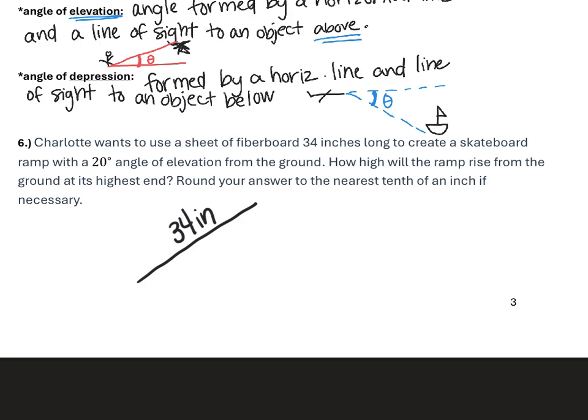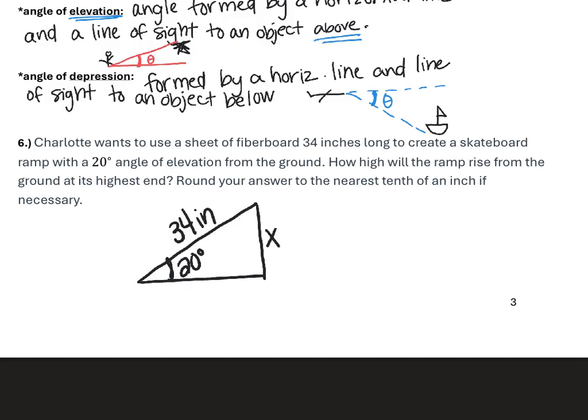And we know that it forms an angle with the ground, which is horizontal. And the angle is 20 degrees. So it is asking us how high is the ramp. So if we connect these lines, this is what we're looking for, the height of that ramp above the ground.